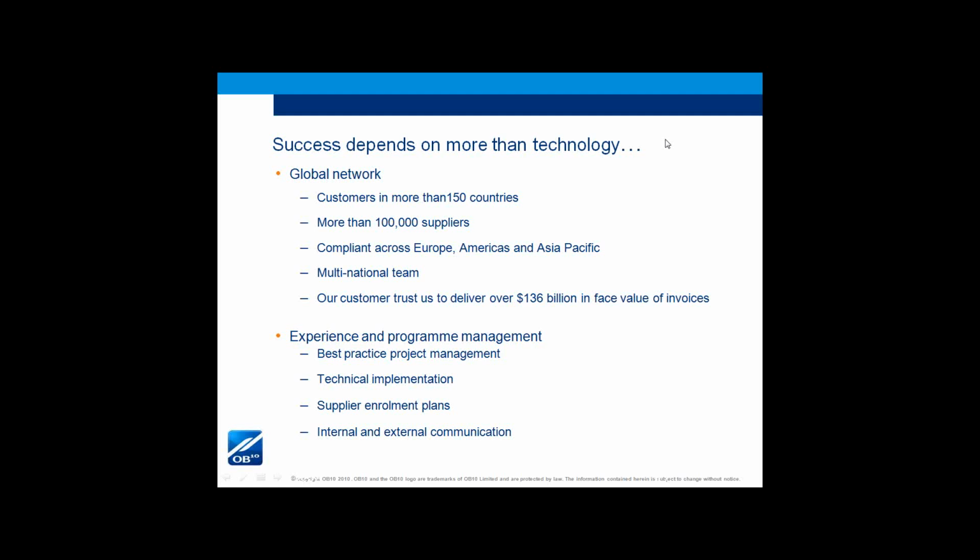And we have, as I said earlier, more than 100,000 suppliers on our network, which gives you the scale and the leverage that you need in order to have a quick start and a quick road to your ROI. We are tax compliant in Europe, Americas, and Asia Pacific without having to roam or to interconnect with local providers. We have obtained this tax compliance ourselves in combination and collaboration with PricewaterhouseCoopers.